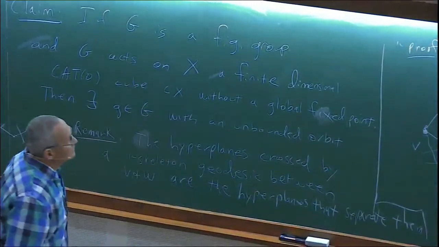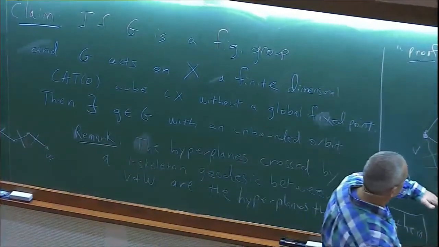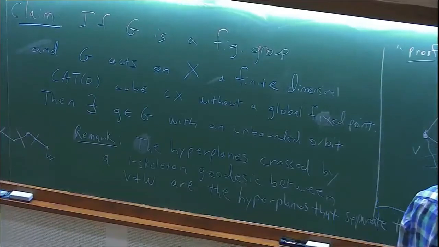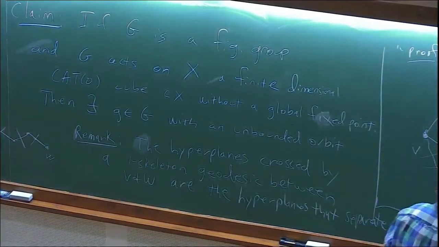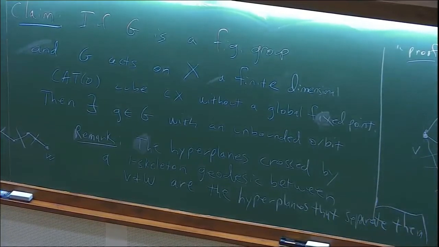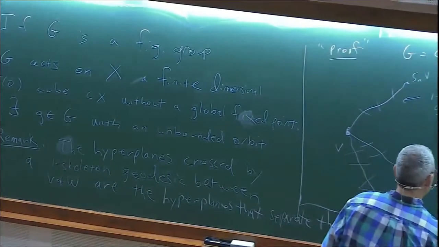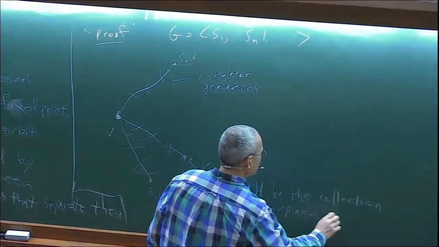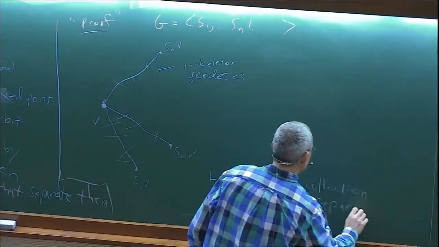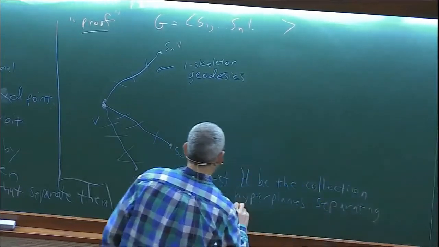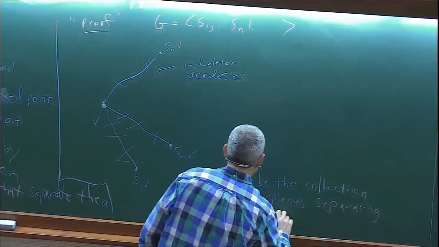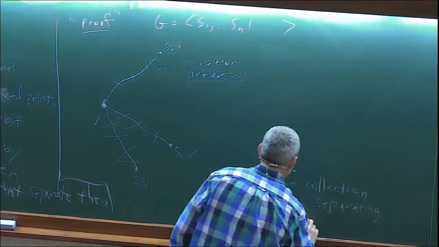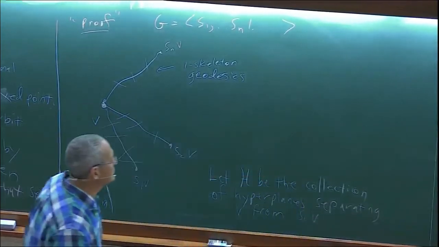So you have these hyperplanes; let's give them a name. Let H be the collection of hyperplanes separating V from Si of V, for some i.